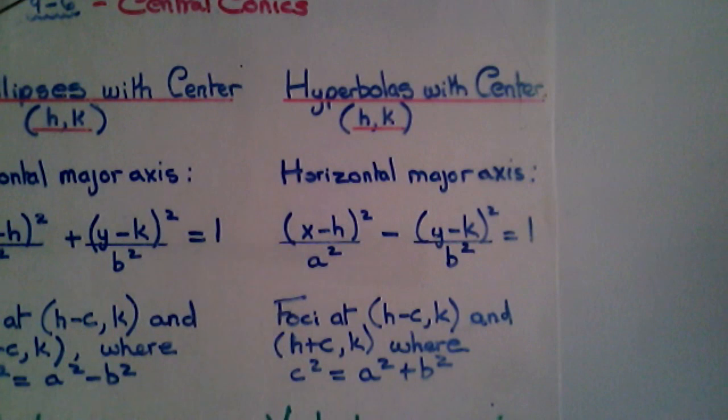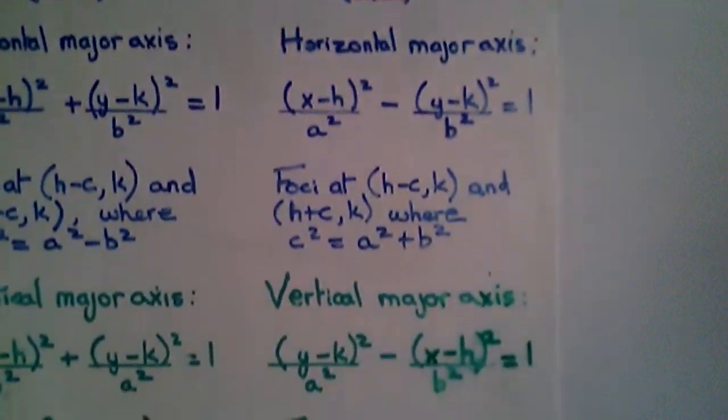That's because that's positive there. And for here, you have to look at the foci at (h minus c, k) and (h plus c, k), and c squared is equal to a squared plus b squared. So that's for the horizontal major axis.